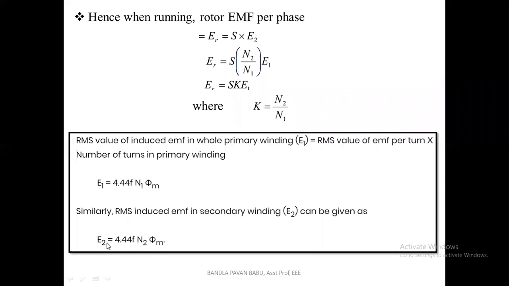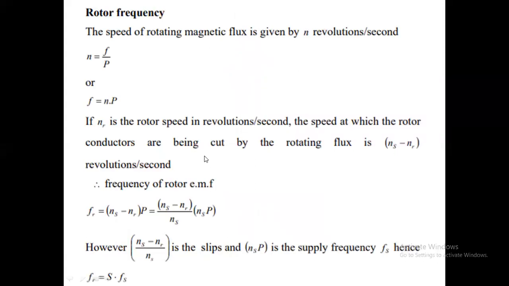In real time, E2 may be less than E1, but for theoretical analysis, E1 is equal to E2, because of the term N2 and flux phi. These may differ, so because of these two parameters, the induced EMF in the rotor E2 may be somewhat less than E1. So that's about the rotor EMF.